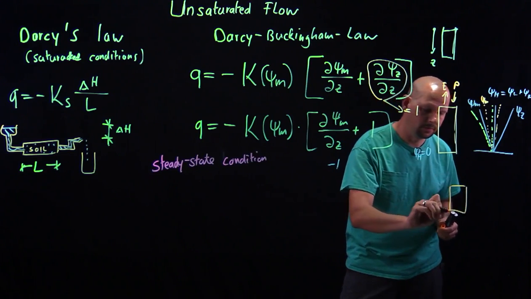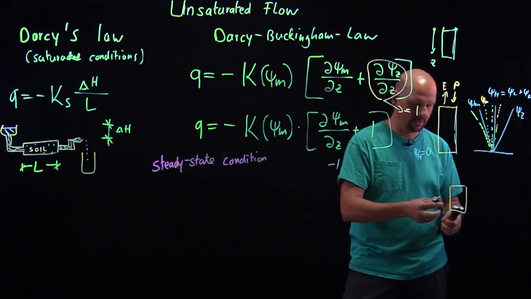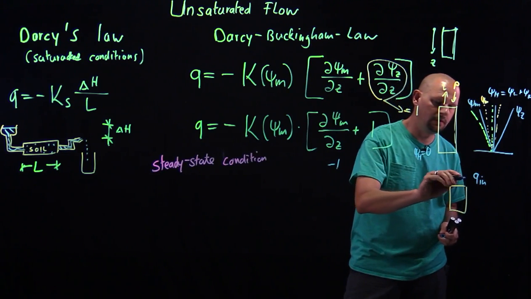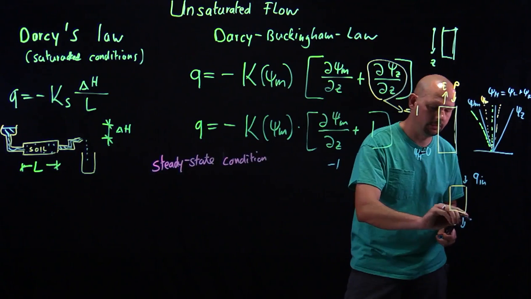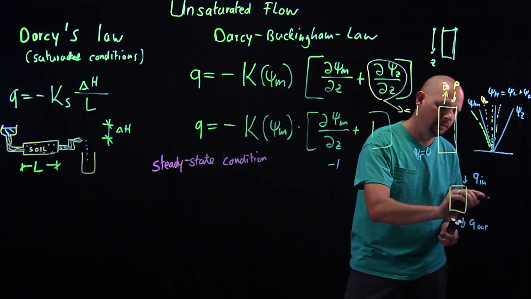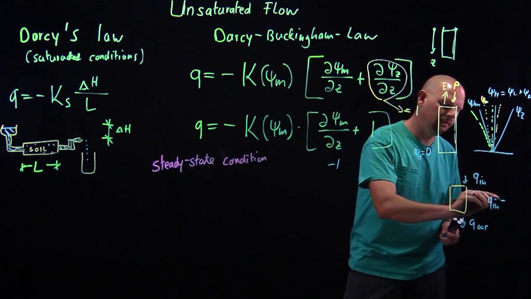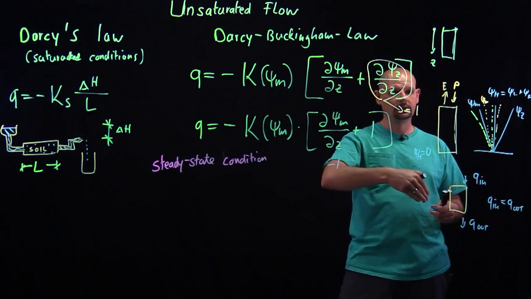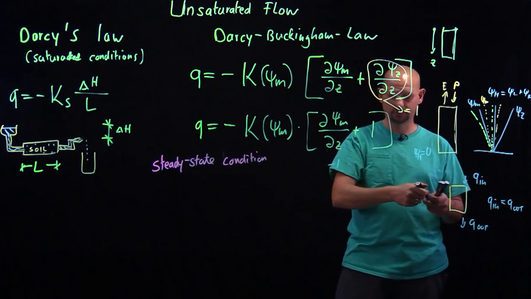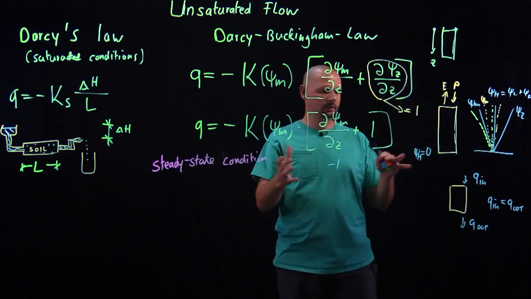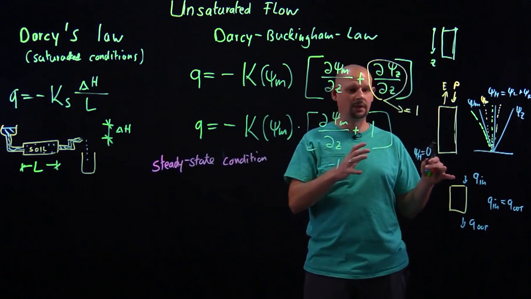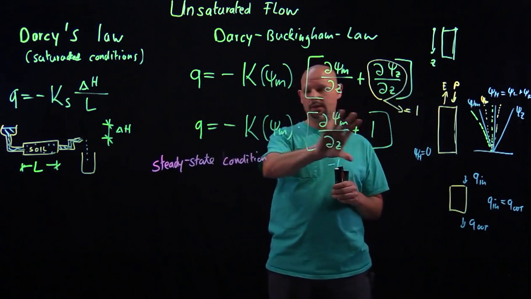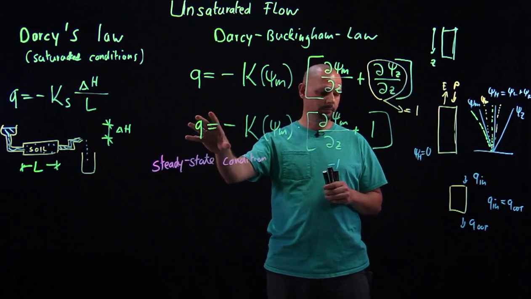Steady state means we would have a column and we would have an influx and an outflux, and Q in is equal to Q out. So everything that goes in a time step also leaves the bottom of the column. So that means the water content doesn't change, and we don't have to take care of that. In steady state conditions, we can readily apply this equation here.